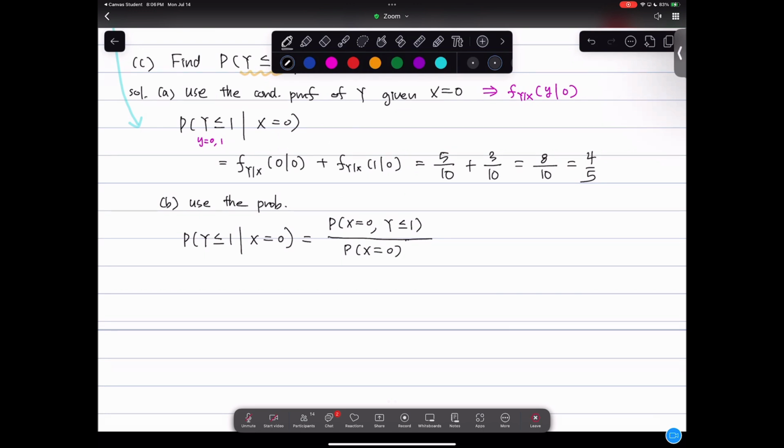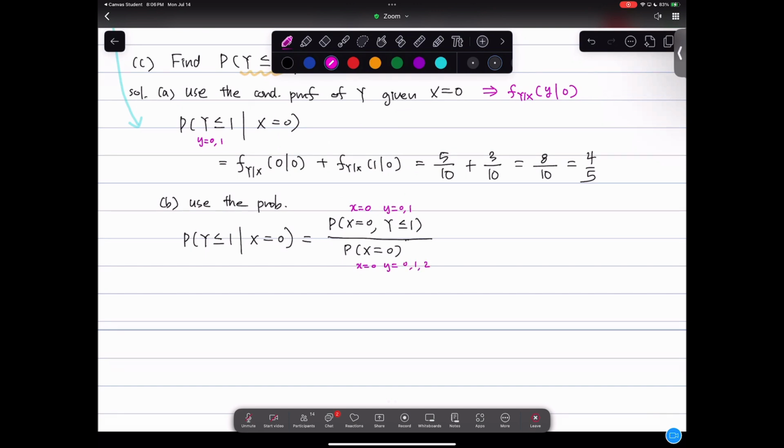In this case, your x is 0, y can be 1 or 0, so it has to be 0 or 1. So I have to add all the joint probabilities. Denominator, x has to be 0, but your y can be anything from 0, 1, or 2.